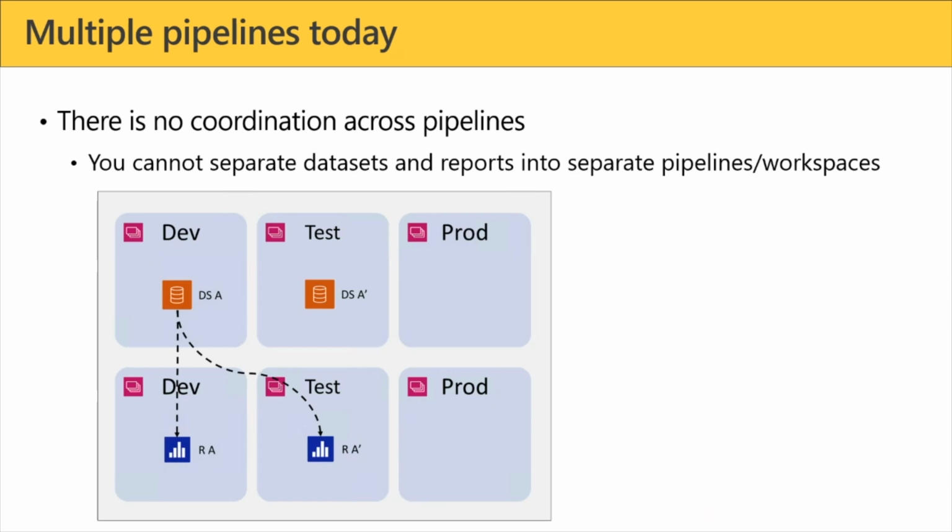If they're in different pipelines, they don't recognize each other. And so when you connect a report to a data set that doesn't live in the pipeline, it stays the same as you push from one space to another. What that means is you can't really use multiple pipelines in the way that many of our customers have said, we'd really like to use them this way.